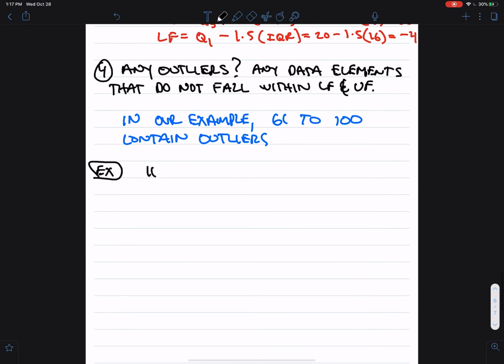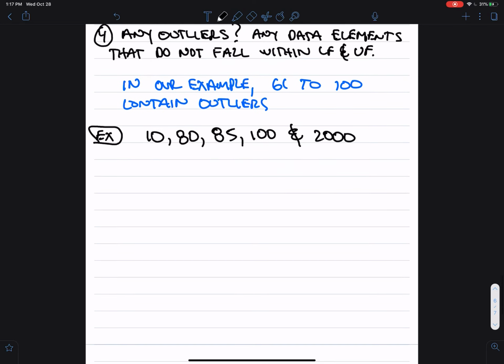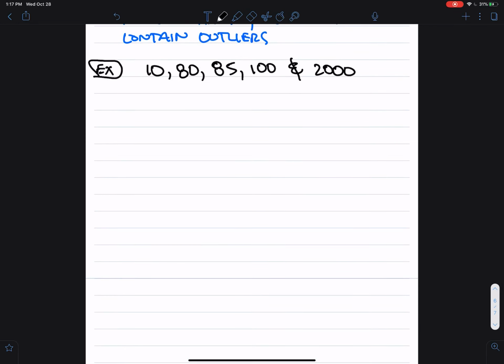I have the number summary 10, 80, 85, 100, and 2000. I want you to label its box plot. You can pause this video if you wish, so you can check your work.